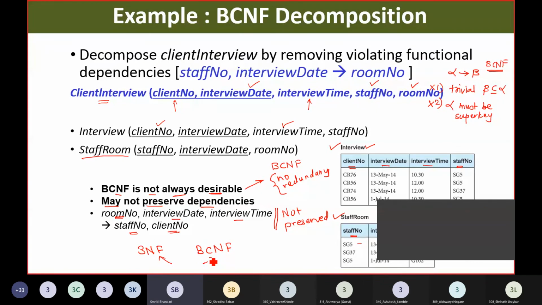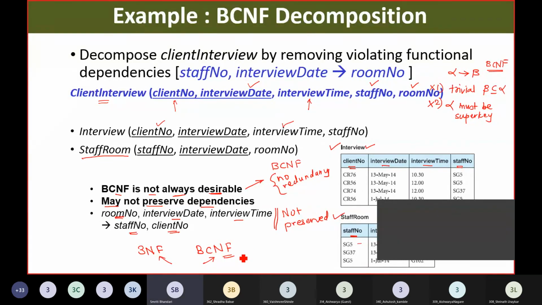Obviously, BCNF is more stringent than 3NF, meaning BCNF will not allow any kind of redundancy. So if we are more concerned about redundant data, then obviously we should go for BCNF.